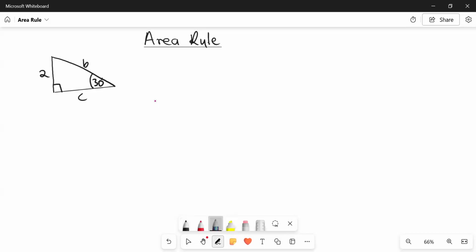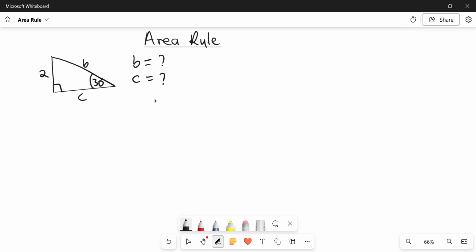Because of this sign, this is a right angle triangle, and maybe the question says look for the side B, as well as the side C. So now you ask yourself the first question: is this triangle a right angle triangle or not? If it's a right angle triangle, we use Pythagoras theorem or the trig ratios.